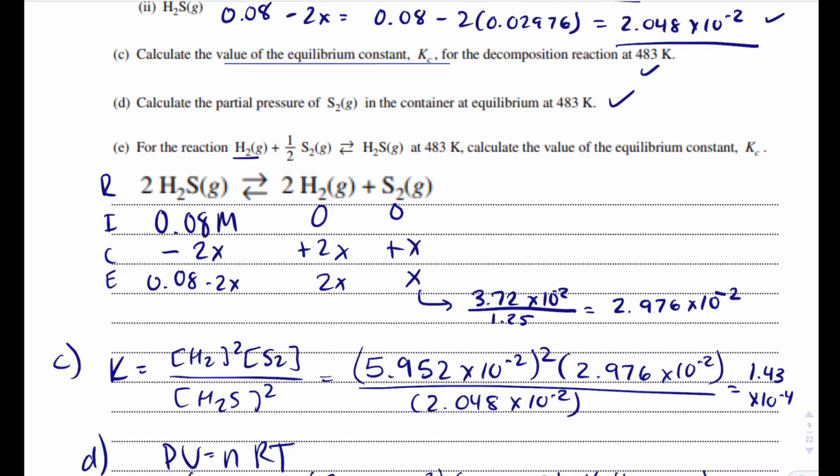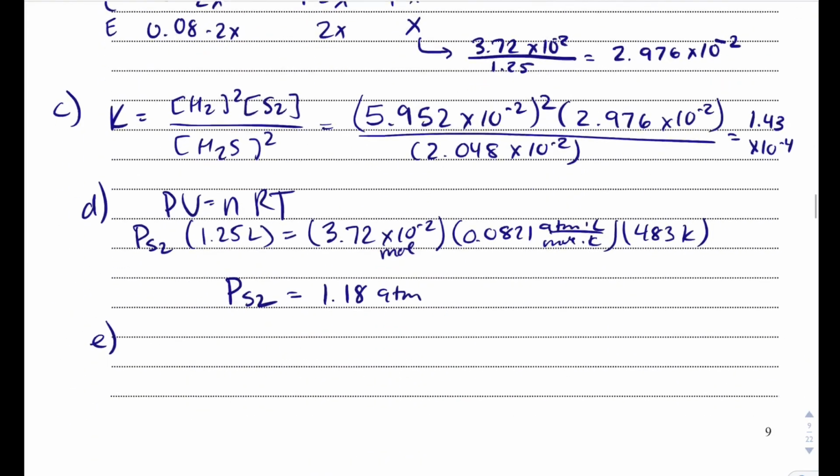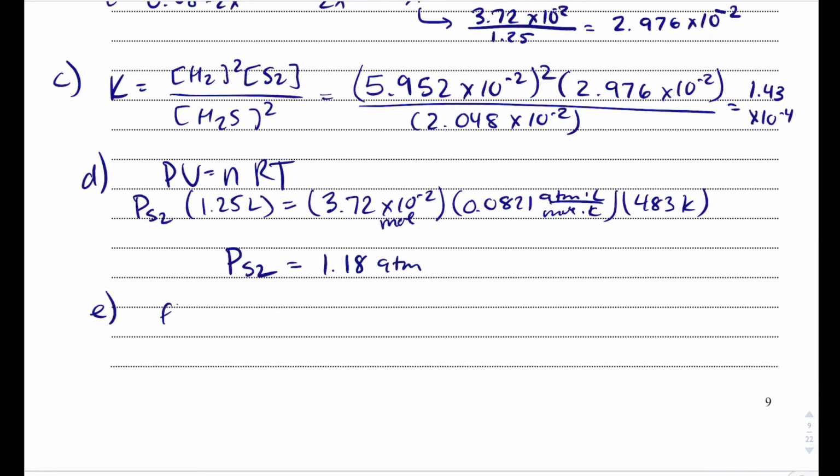We've got this reaction, H2 plus 1/2 S2 goes to H2S. That is the same reaction, but it's flipped and it's halved. So what we have to do is get K for this. If we flip the reaction, that'll be 1 over K. And if we halve it, that always goes to the exponent.